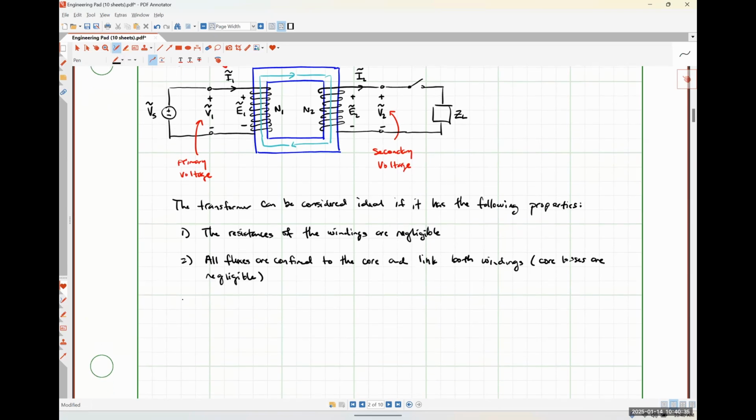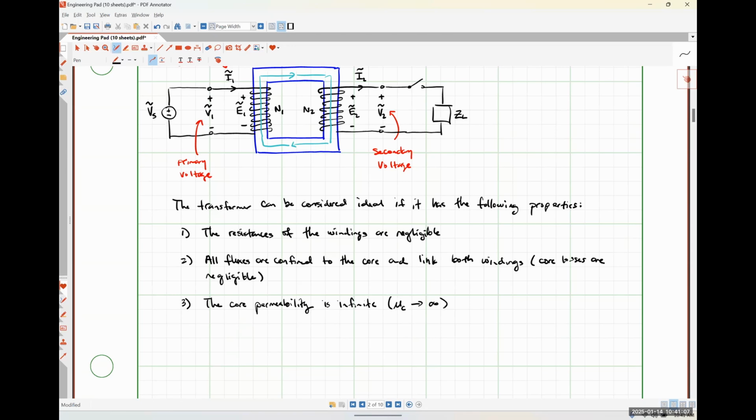And then lastly, core permeability is infinite, meaning that mu c is approaching infinity. Okay. So those are our three different criteria for an ideal transformer.